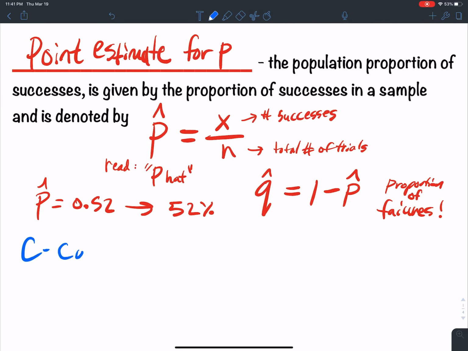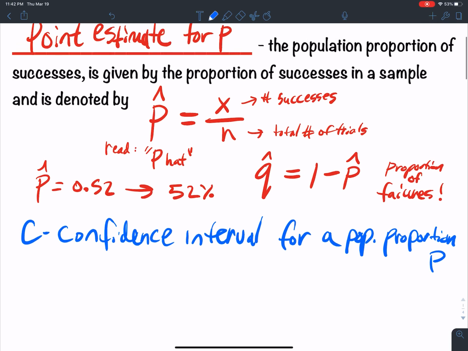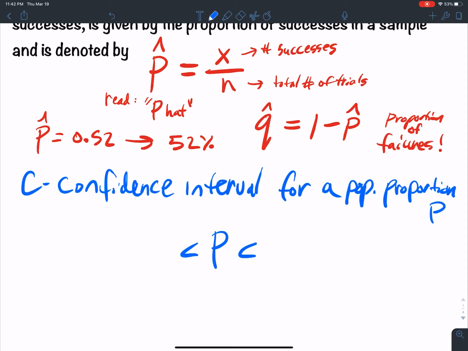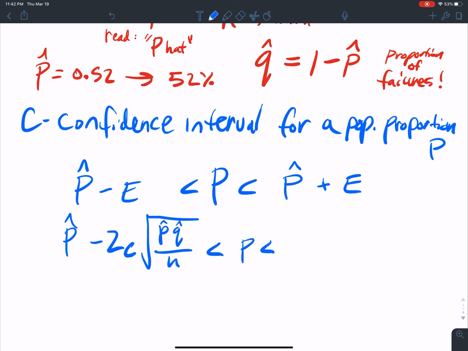If I have a C confidence interval for a population proportion P, then P is stuck between the point estimator plus or minus the error as usual, where the margin of error here is equal to ZC times the square root of P hat Q hat over N. Okay?